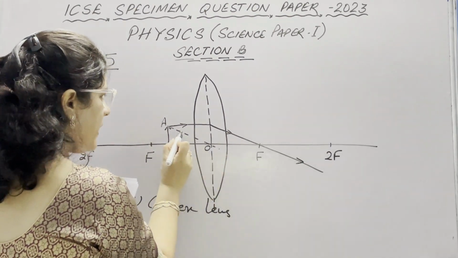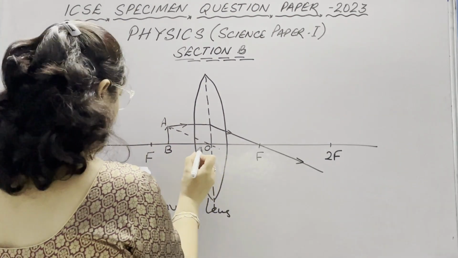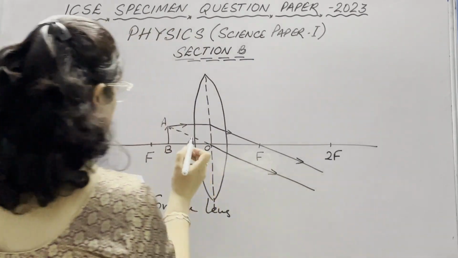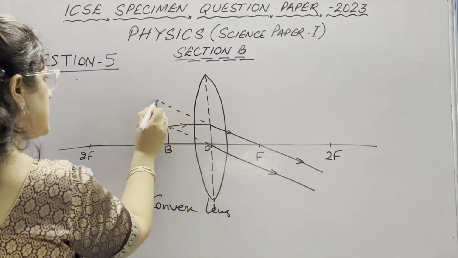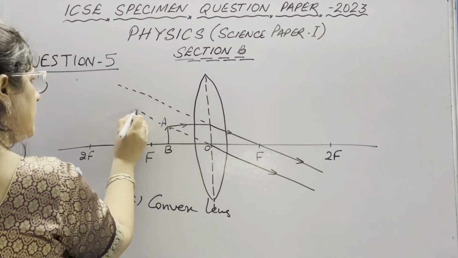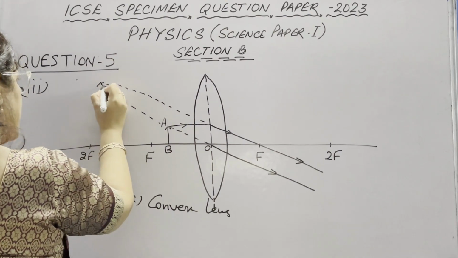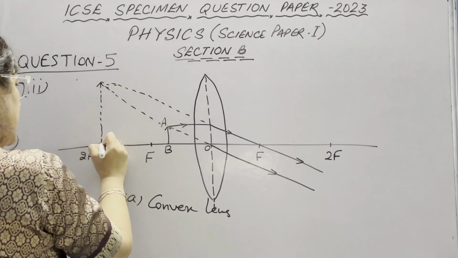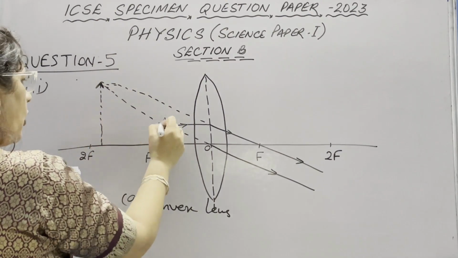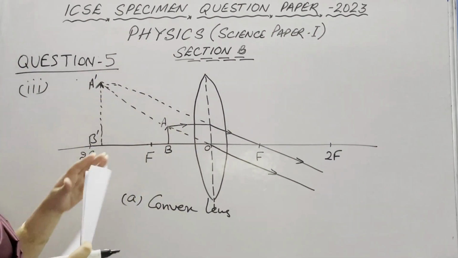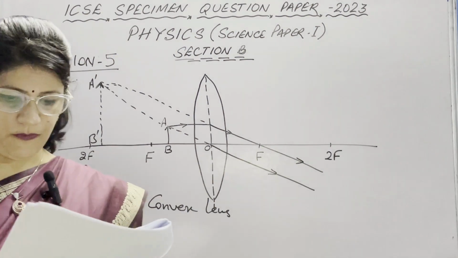And we know whenever a ray passes through the optical center, it goes undeviated. If we extend these rays backward, they will meet at a point, and at this point we will get the virtual image of this object AB as A dash B dash, which is a virtual and magnified image.